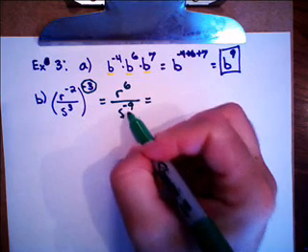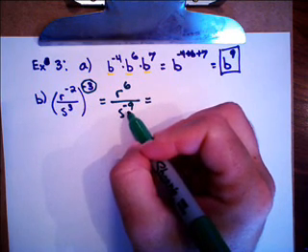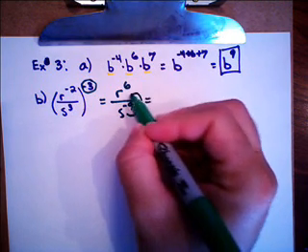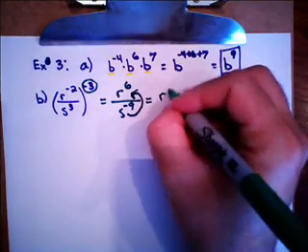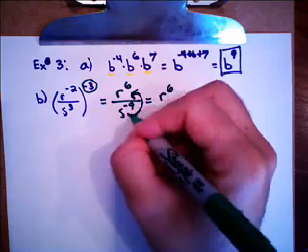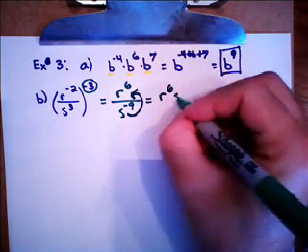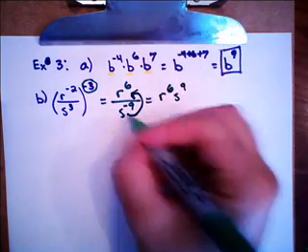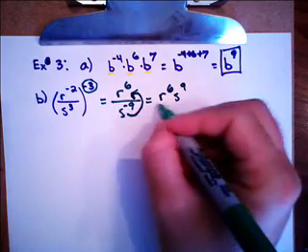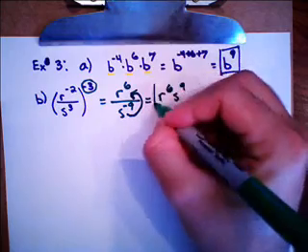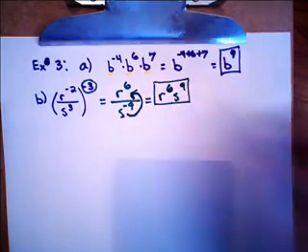If it's on the bottom and negative, you're just going to bring it to the top and make the exponent positive. So the r to the 6 is not going to move. That's going to come to the top and become a +9. And when you have it all said and done, all you have on the denominator here is 1. So you don't need to put that into your answer because we know anything divided by 1 is just itself.